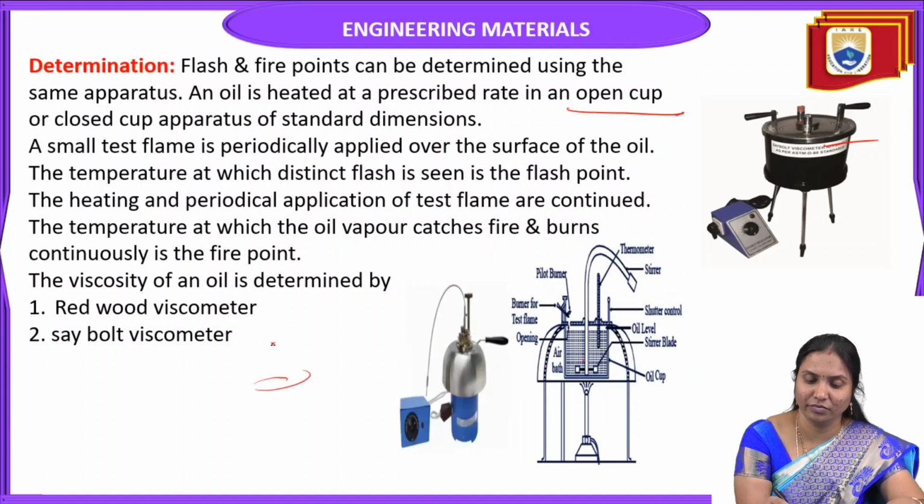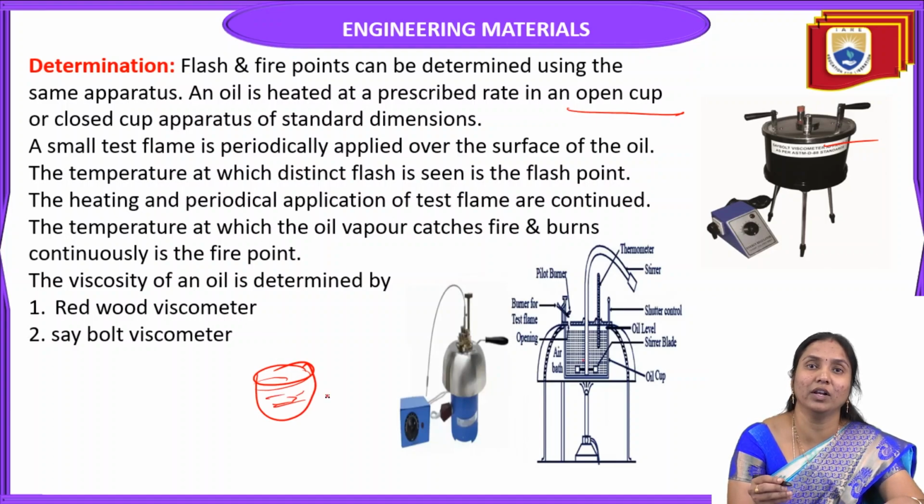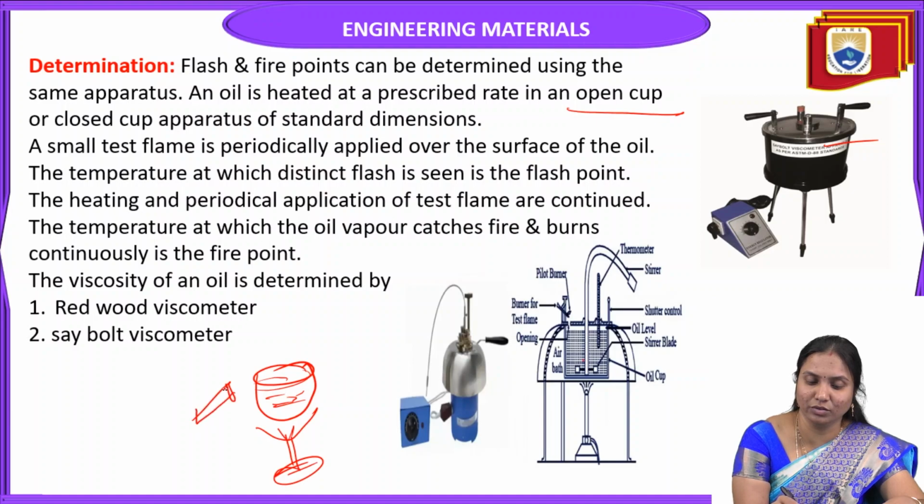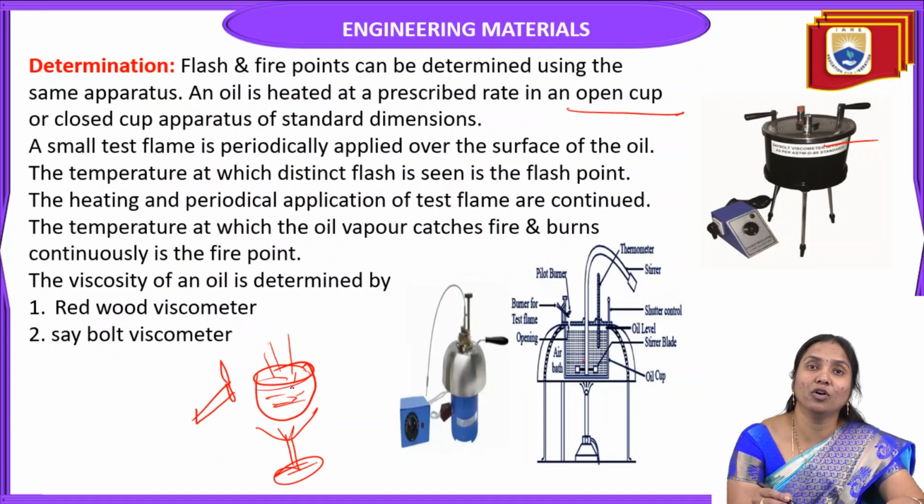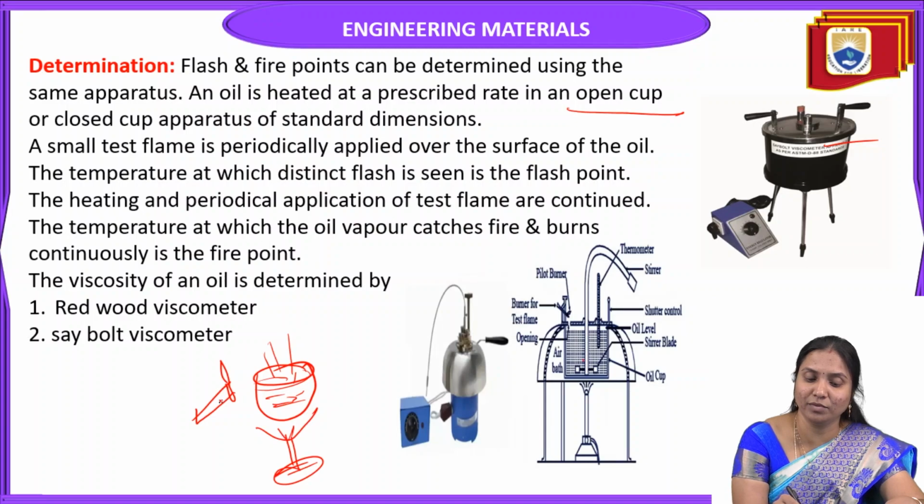A prescribed amount of oil is taken in this standard-dimension apparatus. During the heating process it produces vapors, so a small flame is periodically applied over the surface of the oil.